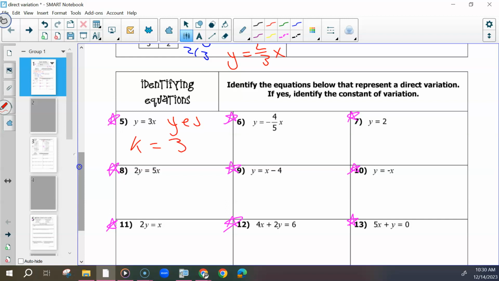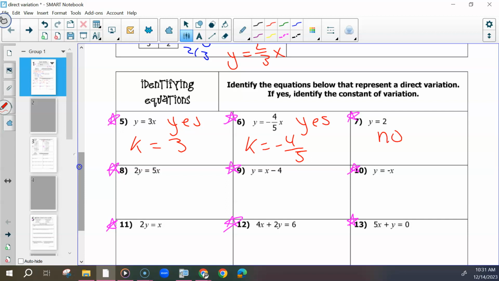What about 6? Is that direct? Yes. What is the k value? Correct. What about 7? No. Why not? There's no x. Right.